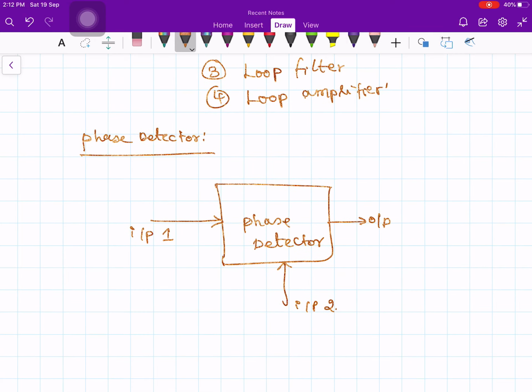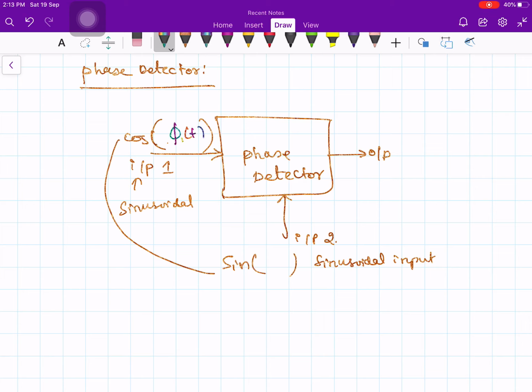Therefore, the output of the phase detector would be proportional to the instantaneous phase difference between these 2 inputs. Let us say this one is phi of t, and this one is theta of t. The output will be phi of t minus theta of t.